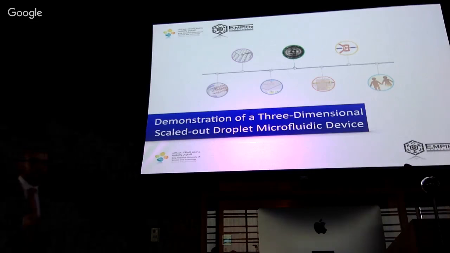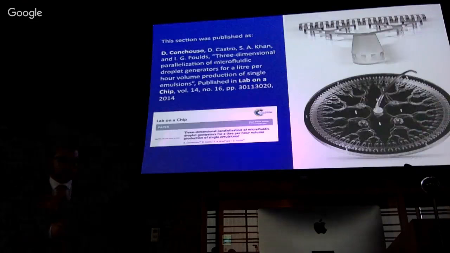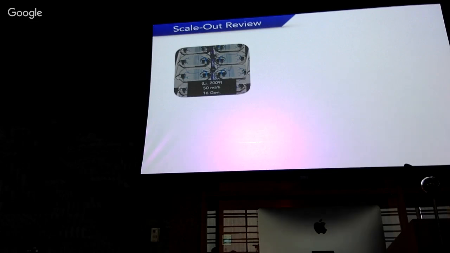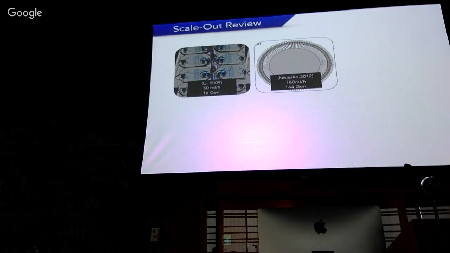So now let me show you how we did the three-dimensional parallelization device on the scale-out process. So this section was published in Lab on Chip. And let's start by doing a review of the different technologies. So first, Lin was the first one to use fractal distribution network and to create some scale-up production volumes, 50 milliliter an hour.